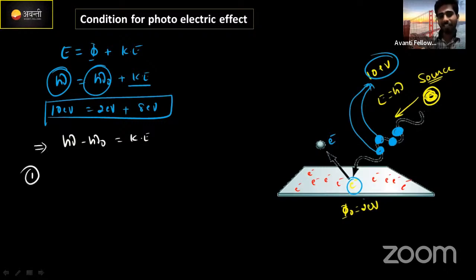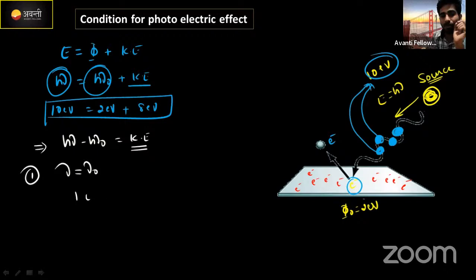First condition: if the applied frequency of light is equal to the threshold frequency, which I called nu naught, what will be the kinetic energy?